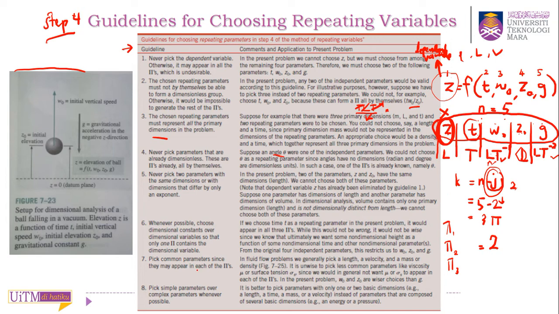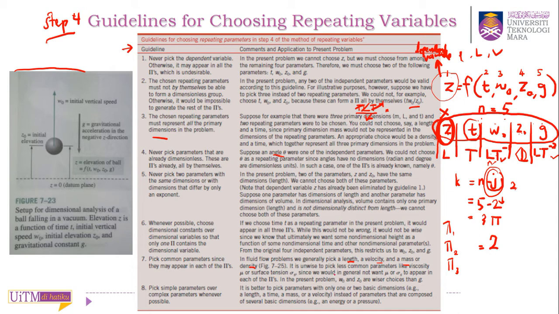Okay, and the 7th guideline, pick common parameters. This is also a very important guideline. Pick the common parameters, like speed, length, density, time, the most common ones. They mention here length, velocity, mass or density.